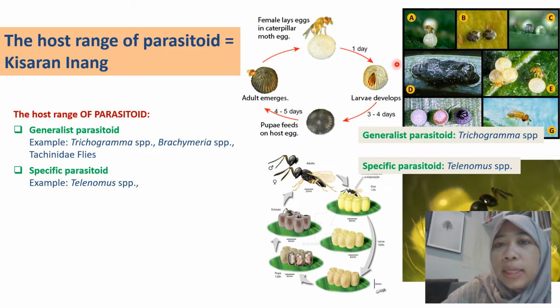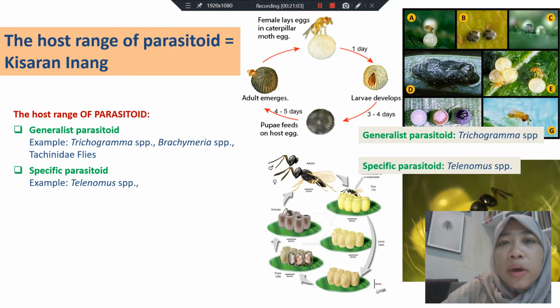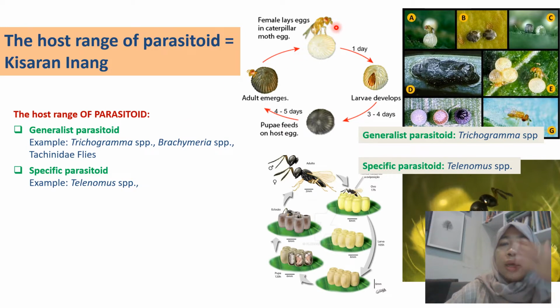Okay, this is an example of host parasitoid. This is an egg parasitoid. For example, this is Trichogramma, the egg parasitoid. This is the egg of a moth, the caterpillar moth egg. This is the egg of the pest, and they parasitize this egg.